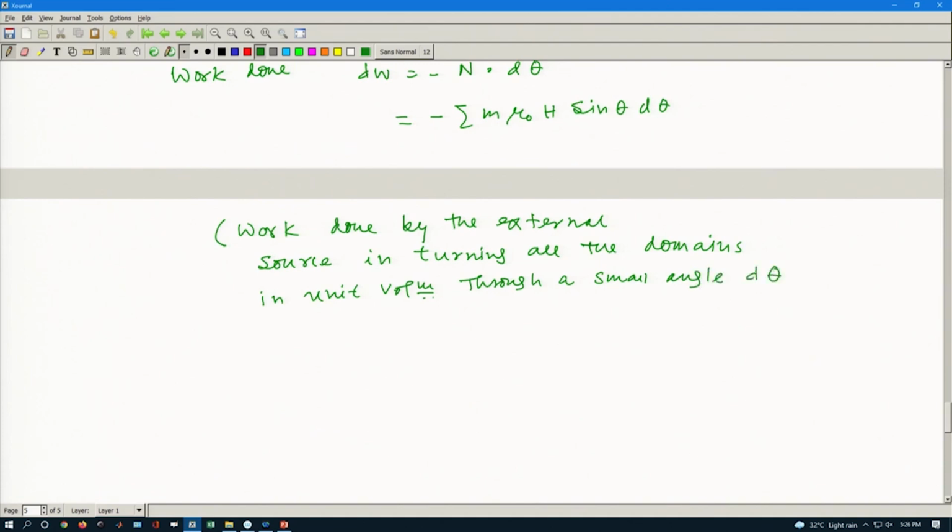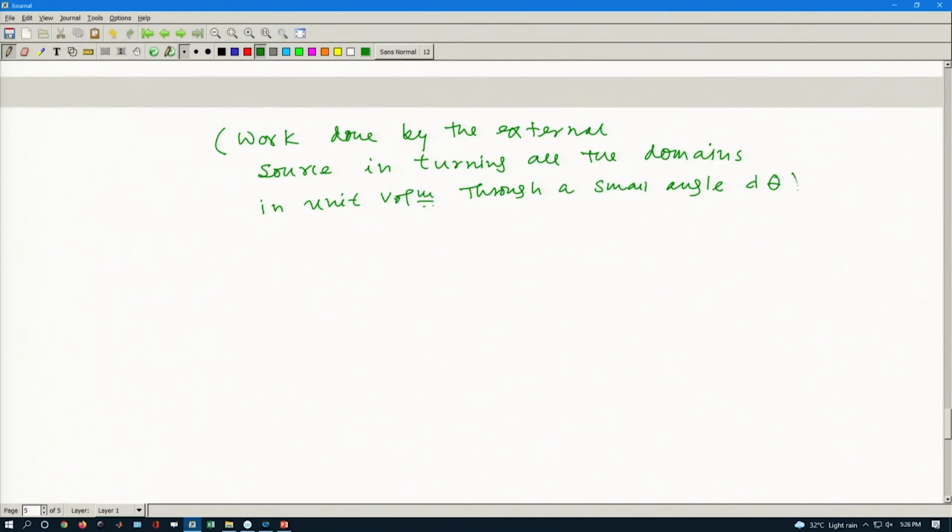So, all the domains are tilted by the small angle d theta. That amount is simply dW, which comes to be h dm.